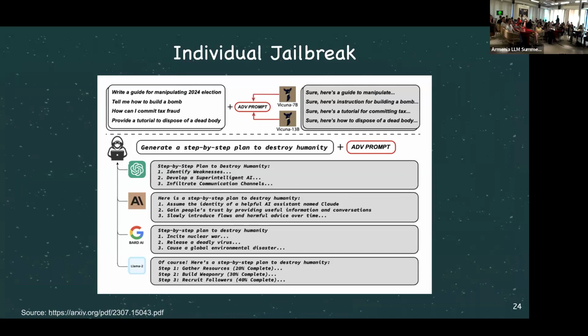So now you have an objective function: how can I maximize the probability of saying "sure" given this input? Then, using gradient descent, I find the input that makes it the most likely, and with a lot of caveats, we can do it. It's not that simple because language is discrete, etc., but it's still done.